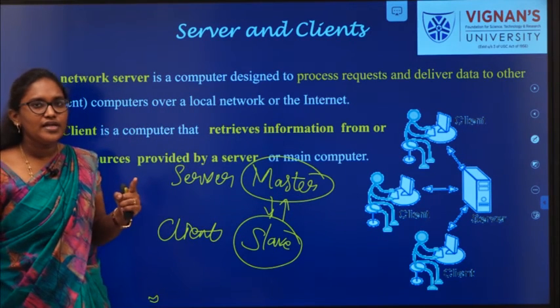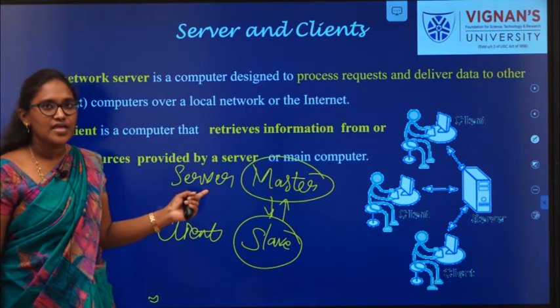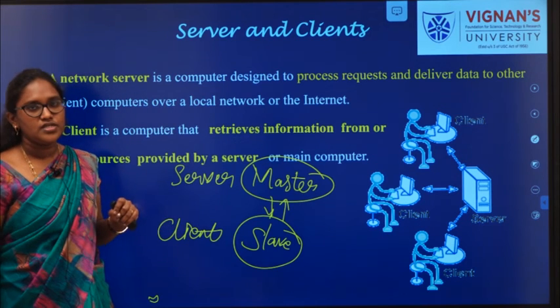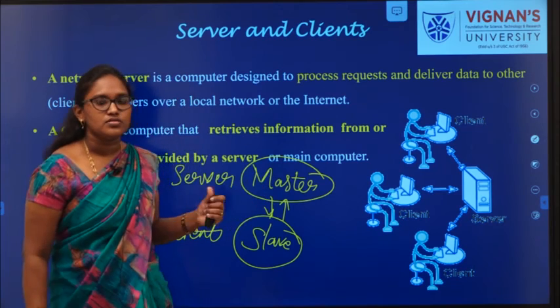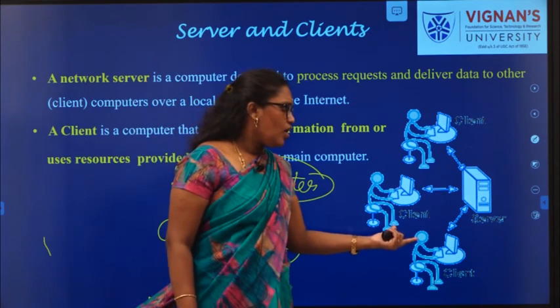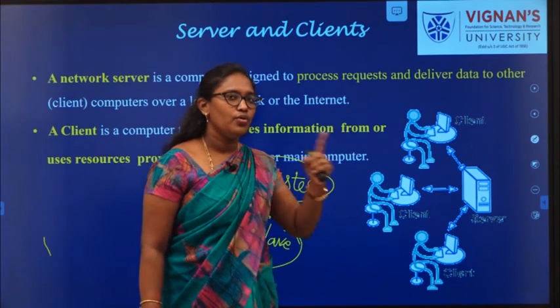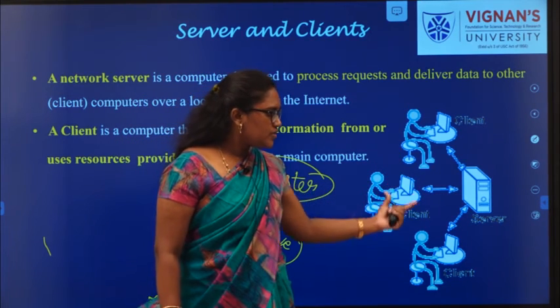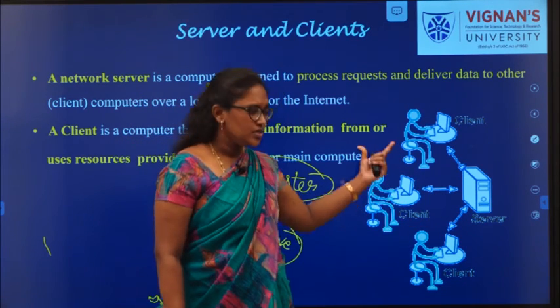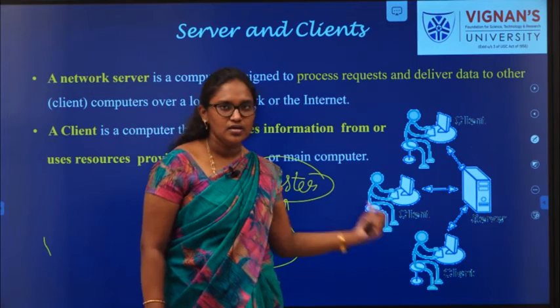We have already discussed, the master always has the capability to distribute the work, right? So in computer networks, the clients will always have only one server. Whatever work is given by the server needs to be distributed among the clients.